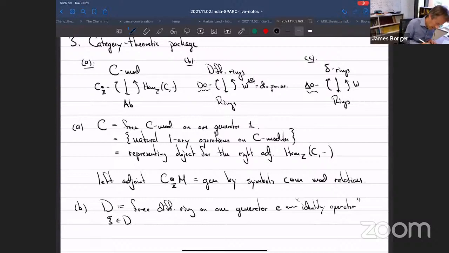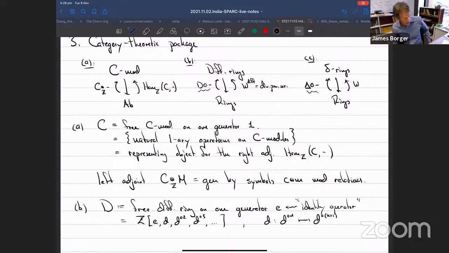So suppose you have, so what is this thing? So we have the generator E, and then we have D of E, and then we have D of D, and then, I mean, these can just be viewed as symbols. So that's the free ring on one generator with a derivation.